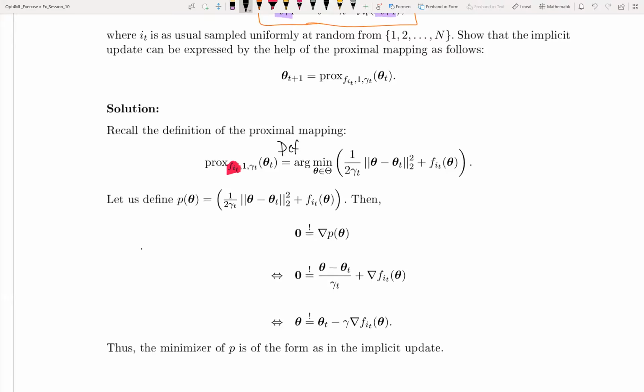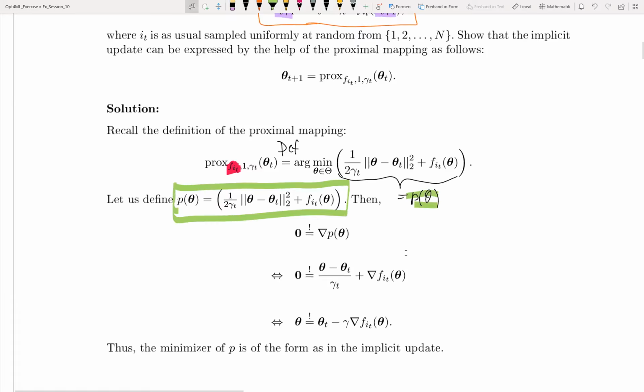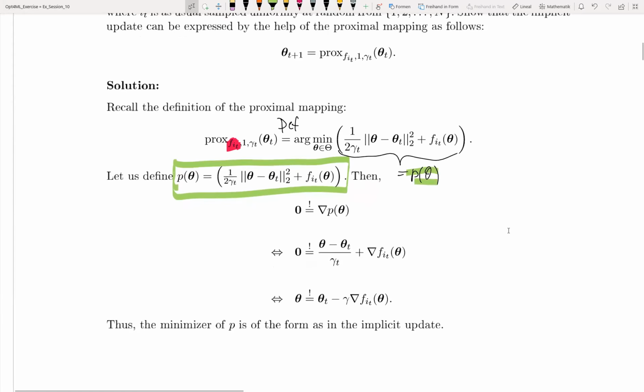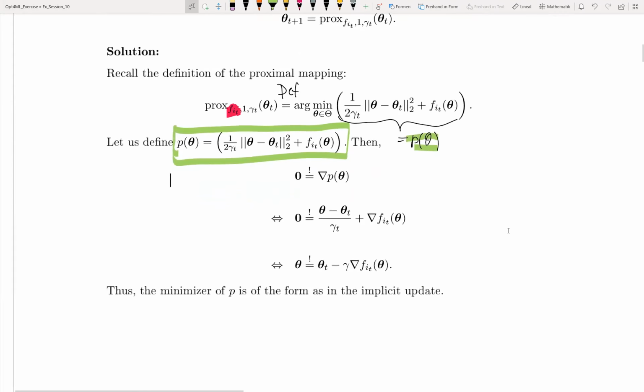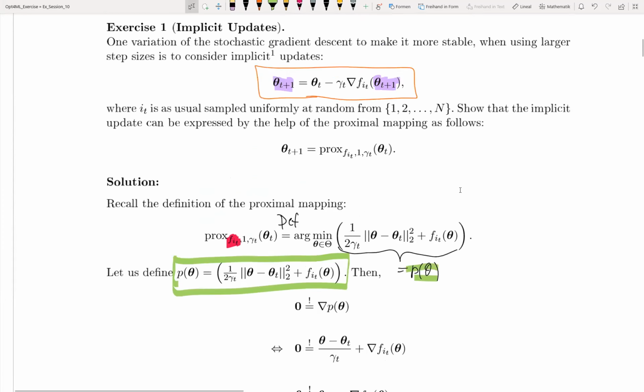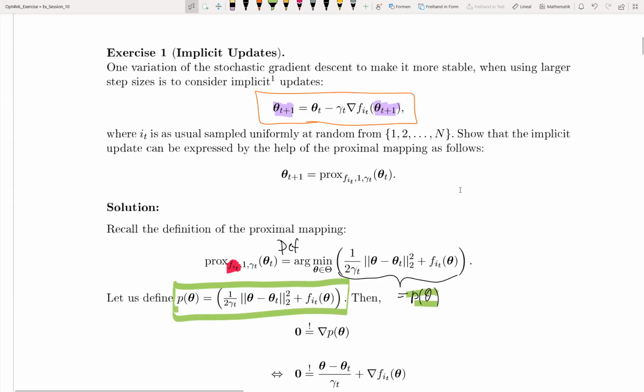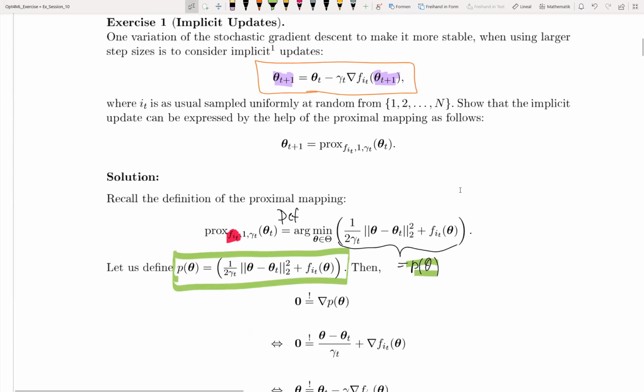All right. Now let's define this thing here as p(theta). Well, this is what you see here. So we are interested in the minimizer of this function p(theta). Well, if we want to minimize it and we assume that the function f is convex, I guess I forgot to mention this here somewhere.